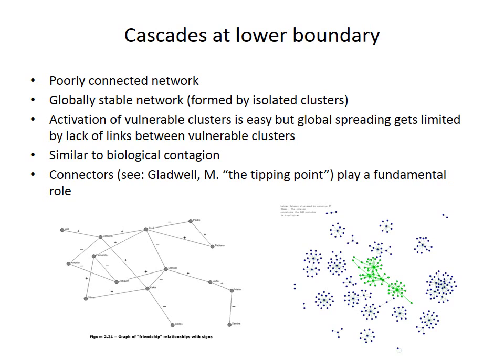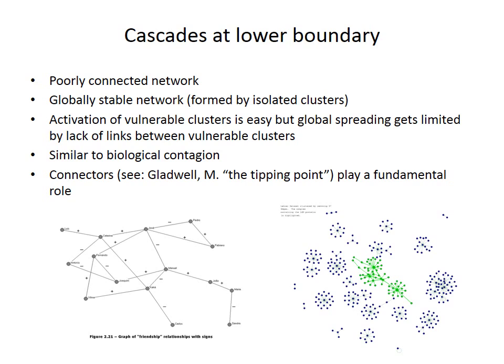So that's the condition of sparsely connected networks, or cascades at the lower boundary, in which the network is globally stable but locally unstable. And in this case, as we said, the biological contagion model and the social contagion model overlap, because the number of neighbors becomes irrelevant.